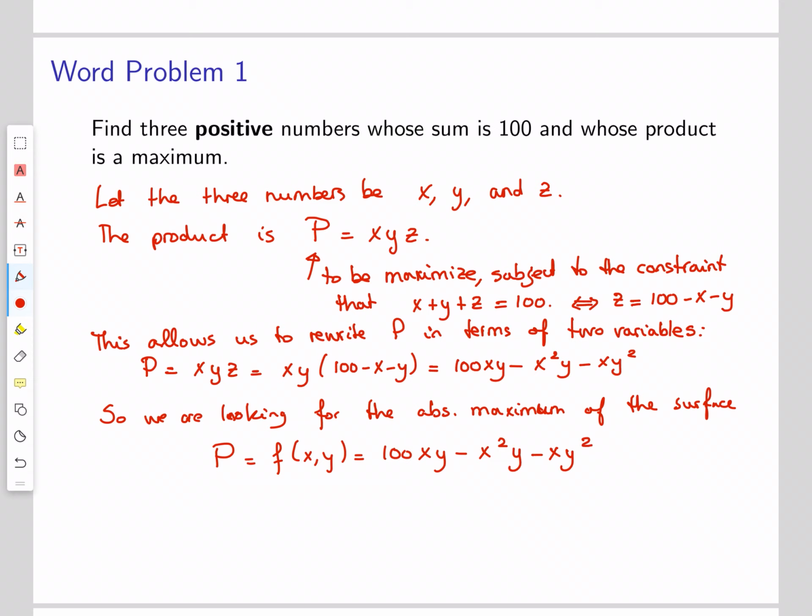Now I need to make a note that I'm not calling f of x, y equal to z.